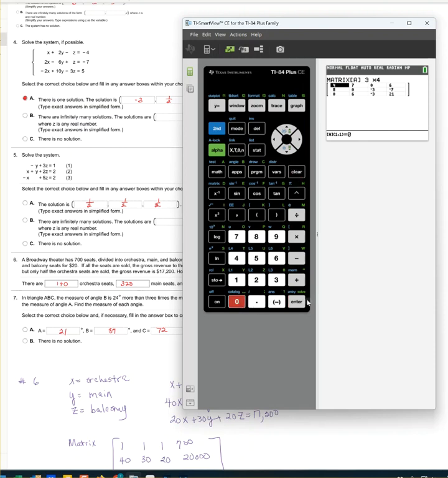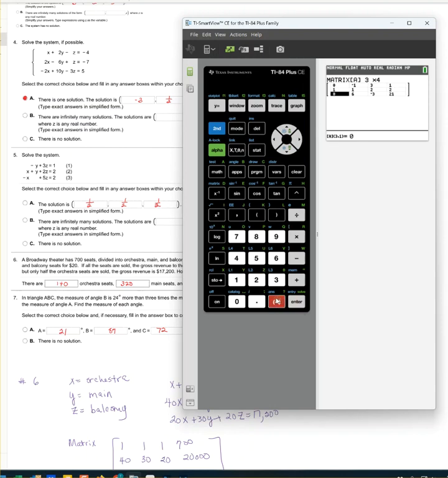I have a 0, enter, okay, where am I, -1, 3, and 1. All right, second row we have 1, 1, 2, 2.